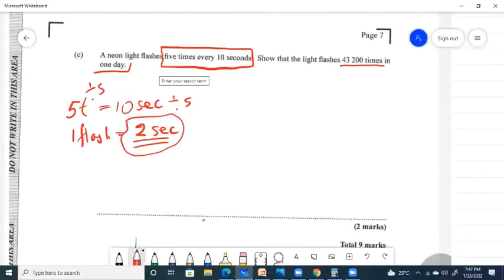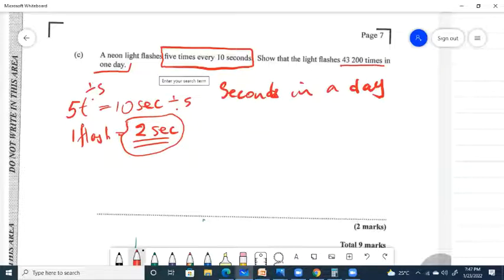Remember, these questions can be worked out many ways. I am just suggesting a way to go. I need to know how many seconds are in a day. There are 24 hours in a day, 60 seconds make 1 minute, and 60 minutes make 1 hour.